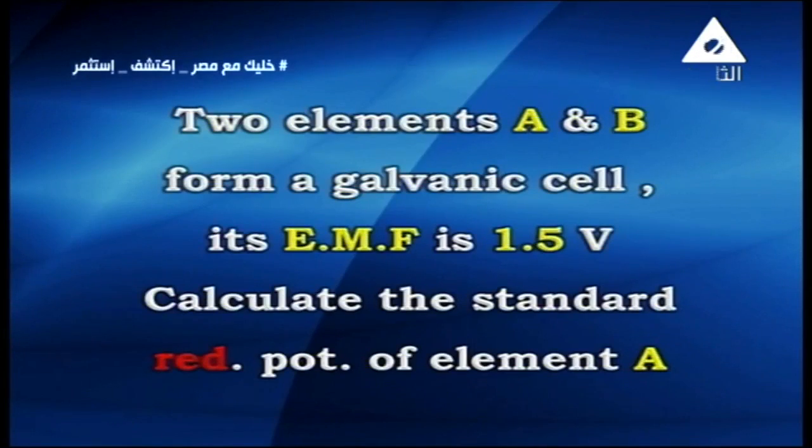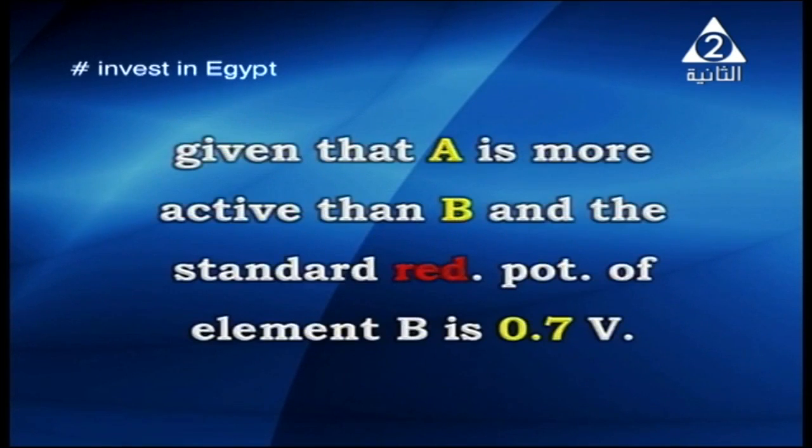Next type of question: two elements A and B form a galvanic cell. Its EMF is 1.5 volt. Calculate the standard reduction potential of element A, given that A is more active than B, and the standard reduction potential of element B is 0.7 volt.